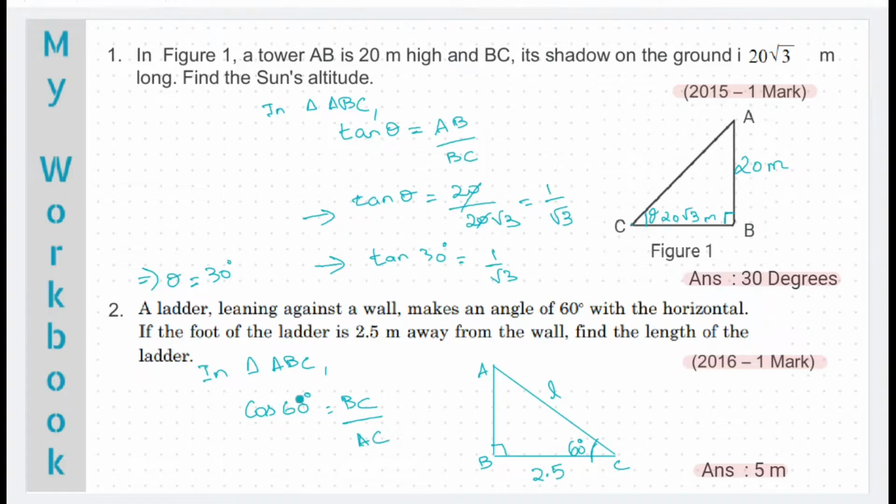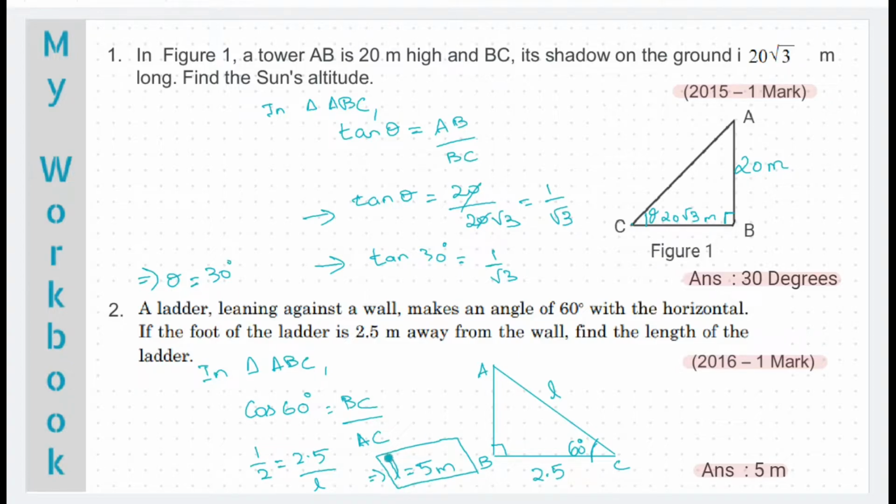Cos 60, we know that it is 1 by 2. 1 by 2 is BC is 2.5 and AC we have assumed it to be L, which implies by cross multiplying we will get L as 5. So the length of the ladder is 5 meter.